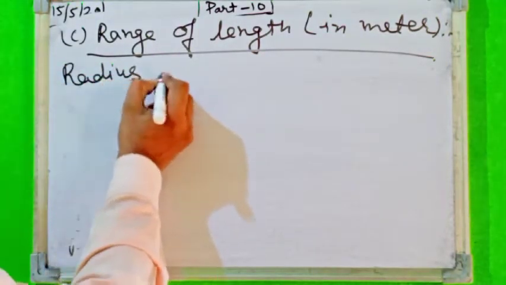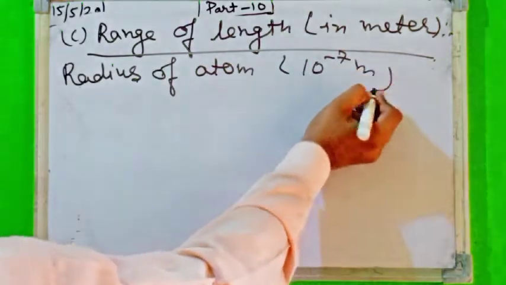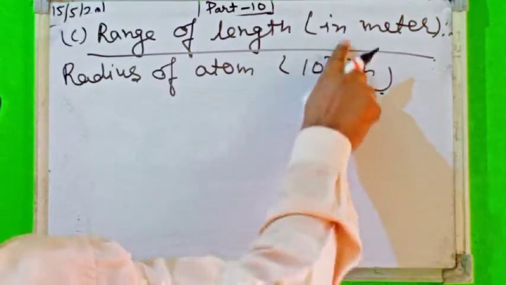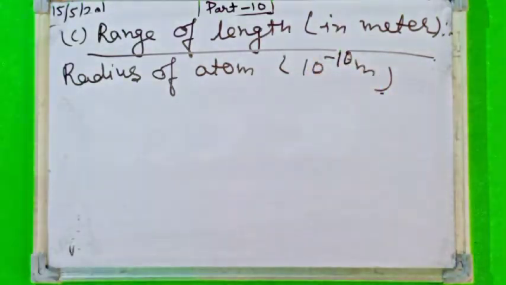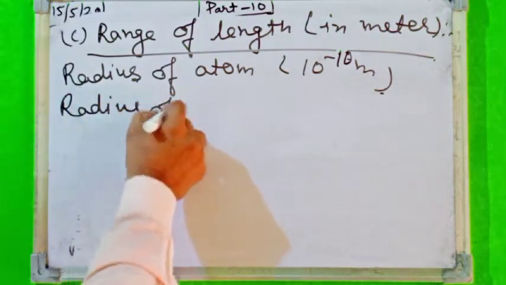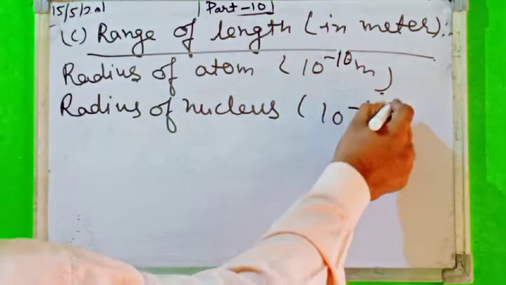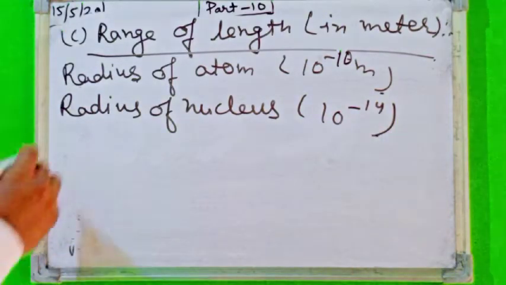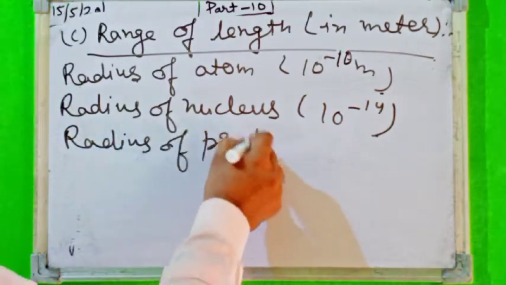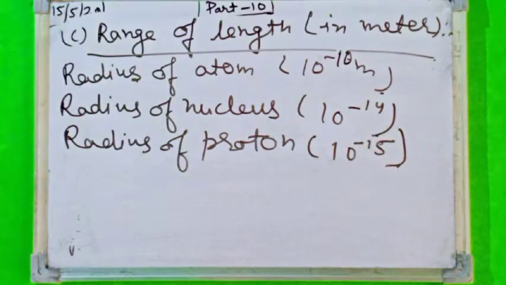Radius of atom, 10 to the power minus 10 meter. Radius of nucleus, 10 to the power minus 14. Radius of proton, 10 to the power minus 15, and so on.